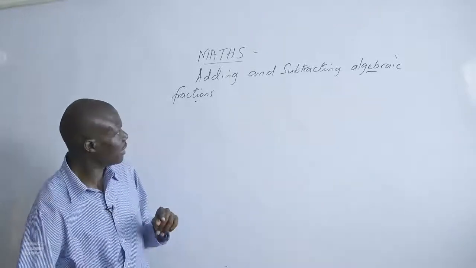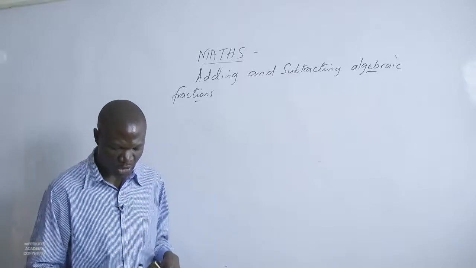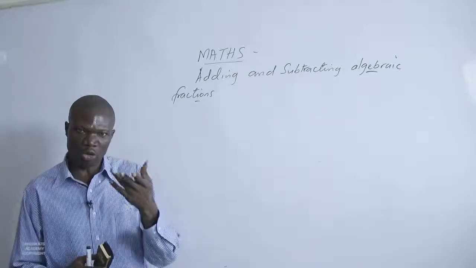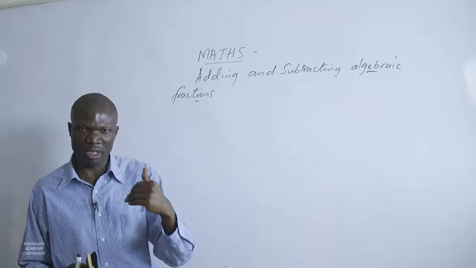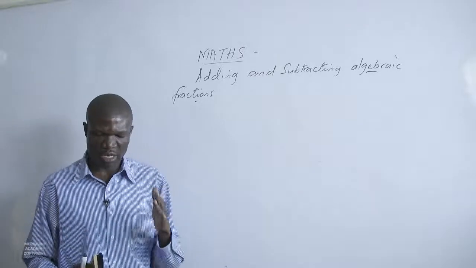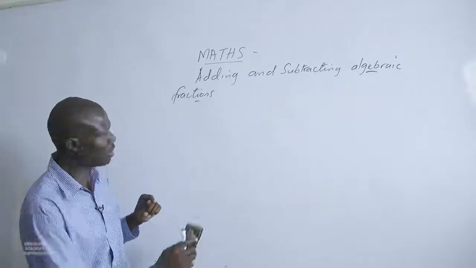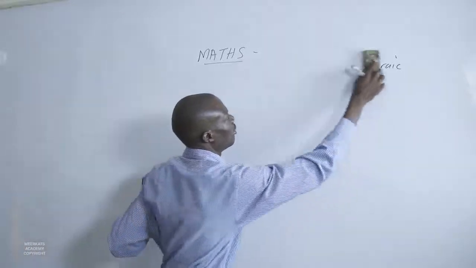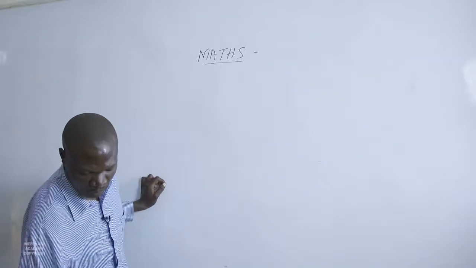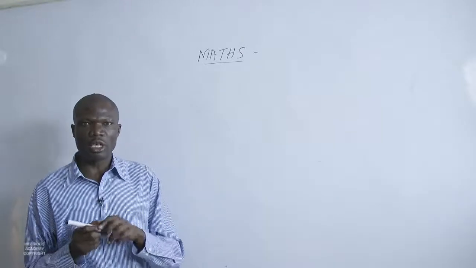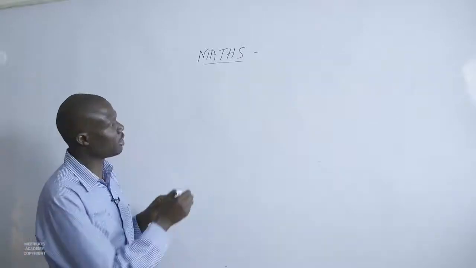Now, let us look at questions touching on this. How do we work with the denominators? And then how do we add and subtract algebraic expressions? So let us look at that and see how best to approach this.